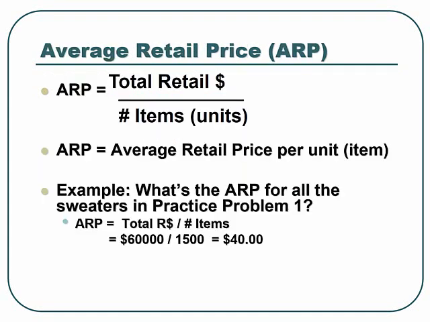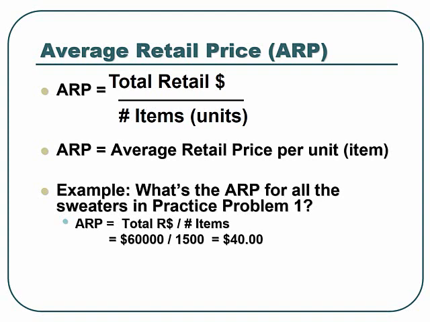So we're learning another term here called average retail price, or ARP. The ARP is really the average retail price of any group of merchandise. That means the total retail dollar of that group of merchandise divided by the number of units or number of items that exist in that group of merchandise. You can calculate ARP for any group of merchandise.